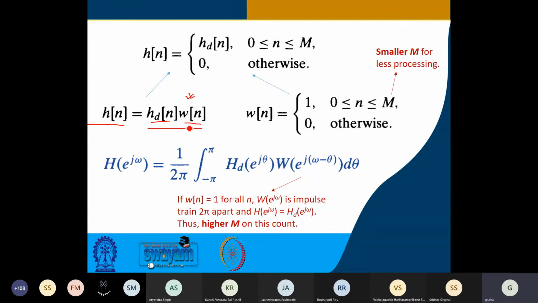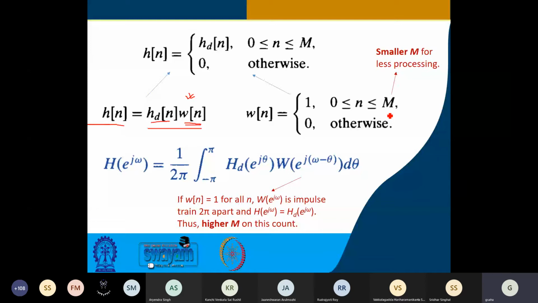The simplest w[n] could be a rectangular window, which is 1 for the length that we are able to accept or accommodate, and the rest of the place is 0.